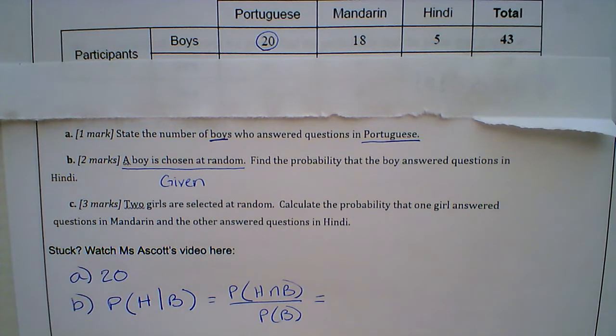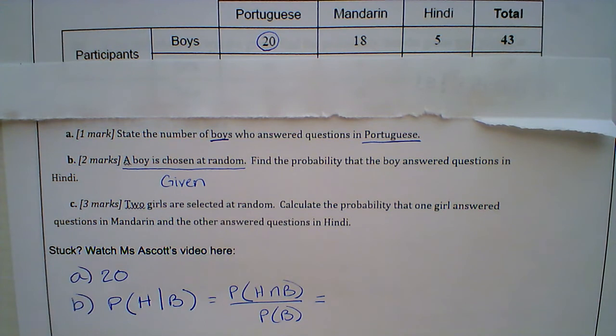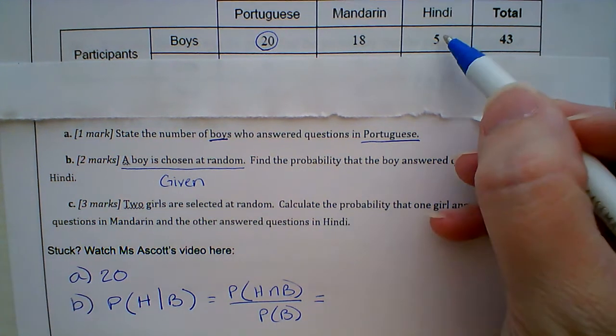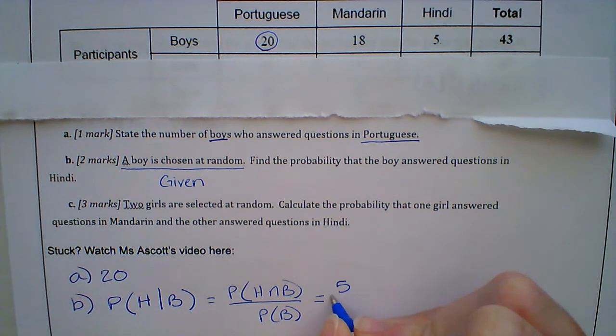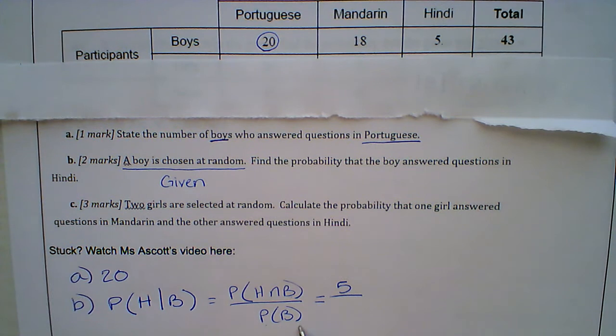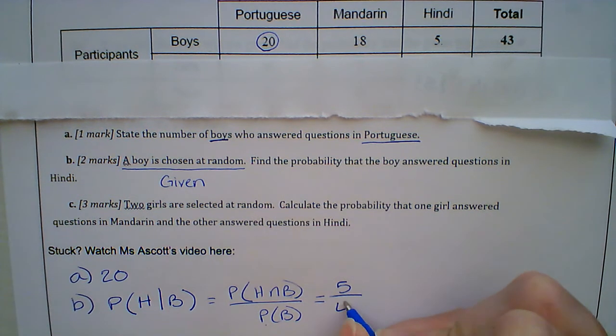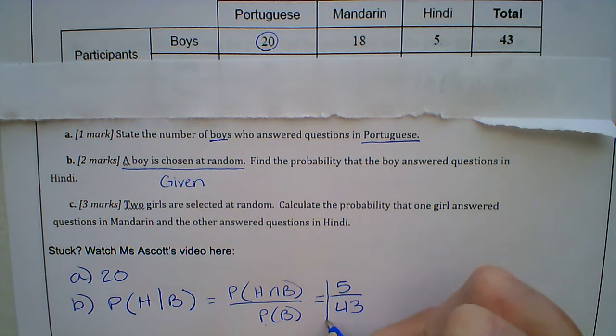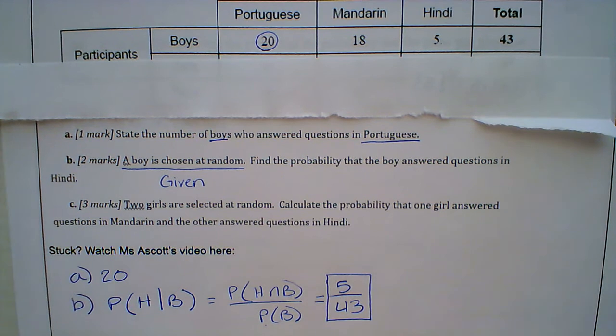We're going to shortcut this a little bit and put this into numbers instead of outright probabilities. How many people answered in Hindi and were boys? Well, that's my 5. And now, how many boys do we have? We have a total of 43 boys. So that is my probability.